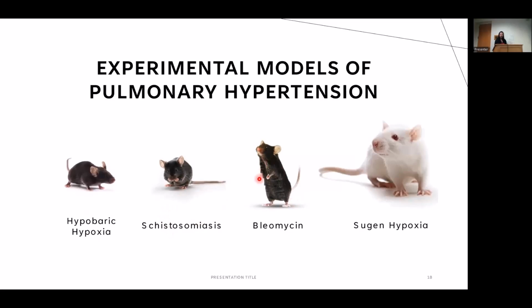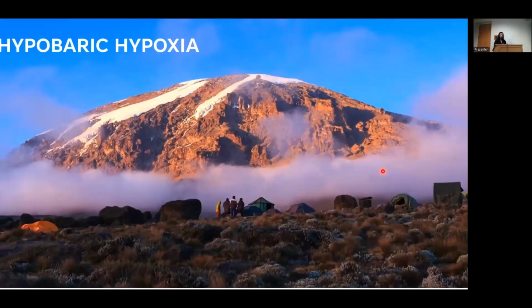Then bleomycin intratracheal instillation is a model for a type of group 3 pulmonary hypertension, where it causes pulmonary fibrosis as well as pulmonary hypertension. And then the rat model of Sugen hypoxia, which of these is the most severe and results in the most right ventricular changes.